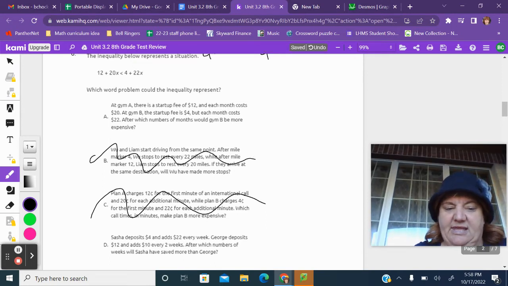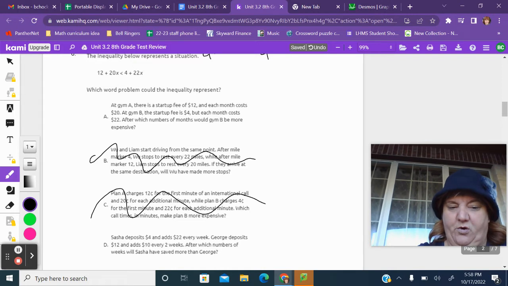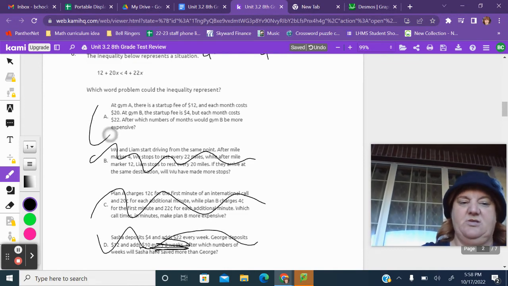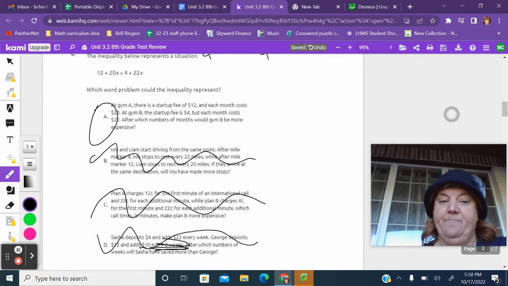Then when you get down here, Sasha deposits $4, adds 22 every week. Okay, that's good. And then $12 and adds 12 every 2 weeks. And then we have 20 here. We don't have a 10. So that doesn't work. So that leaves that one left to work.